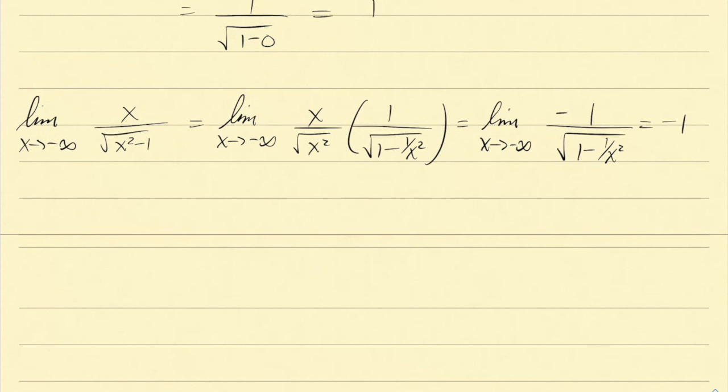Now we have our other horizontal asymptote at minus 1. So as we look far out to the left, our function is going to be approaching minus 1.